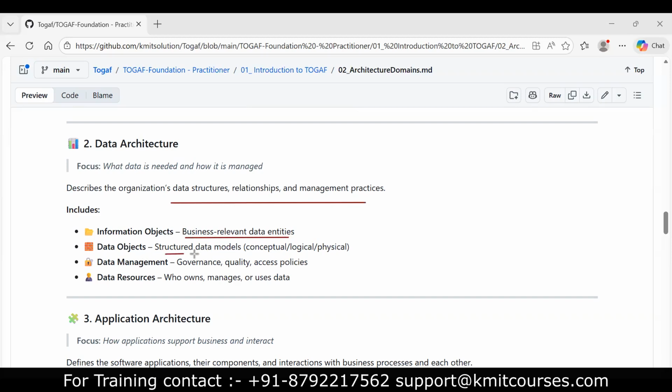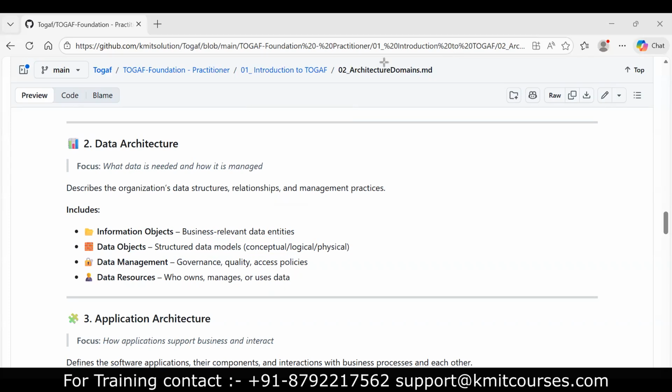Data objects are structured data models: conceptual, logical, and physical. Data management is the governance, quality, and access policies. And data resources are who owns, who manages, or uses the data. So these are data architecture related terms.